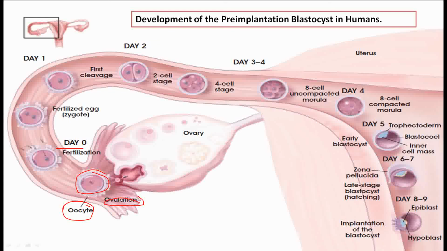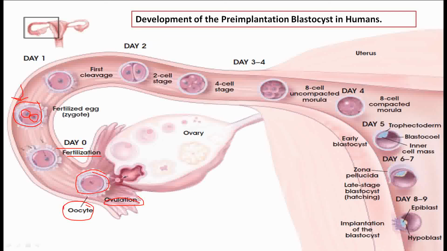On day 0 of fertilization, this is the day on which the process of oocyte ovulation happened. This is the fertilized egg, when egg and sperm meet. After fertilization, you can see the fertilized egg has two pronuclei.